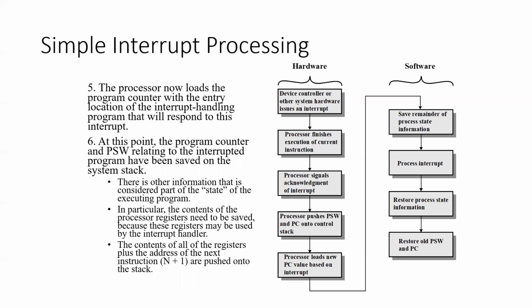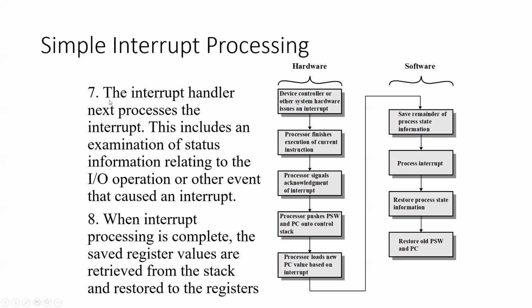The contents of all registers plus the address of the next instruction get pushed onto that stack for saving where we were. The interrupt handler processes the interrupt, and this includes an examination of the status information relating to the IO operation or any other event that caused the interrupt. It could have been an error, but typically it's IO.